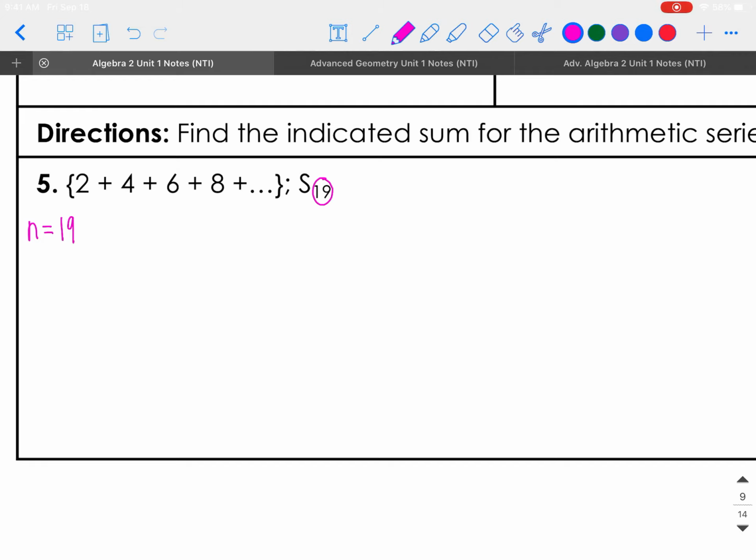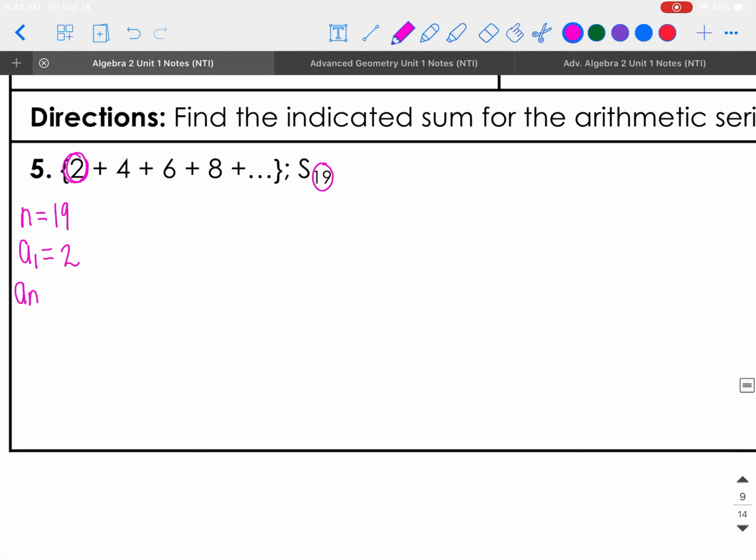N is 19. Then I'm going to look for A1. What is my first term? It is 2. My first term is 2.